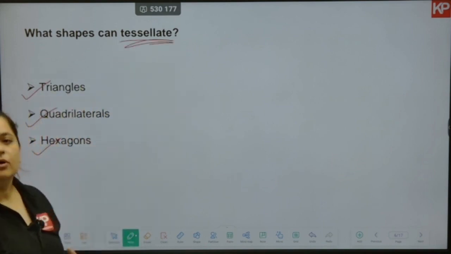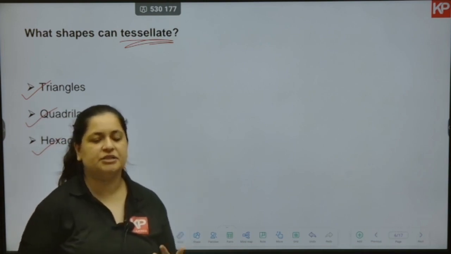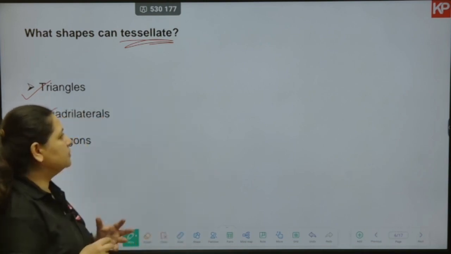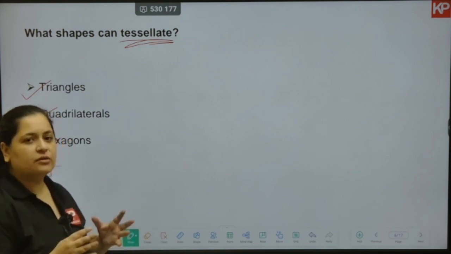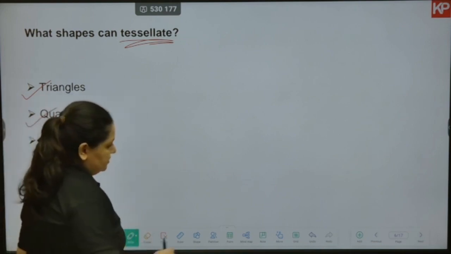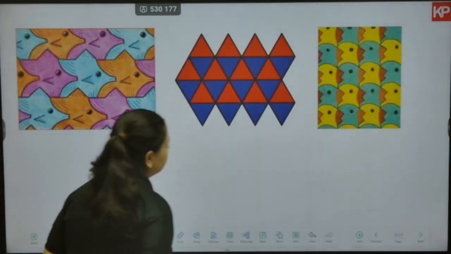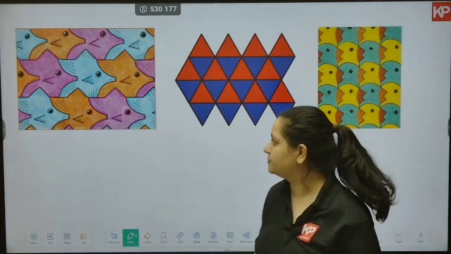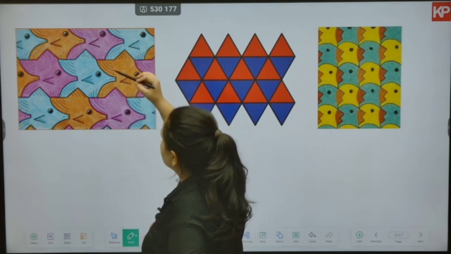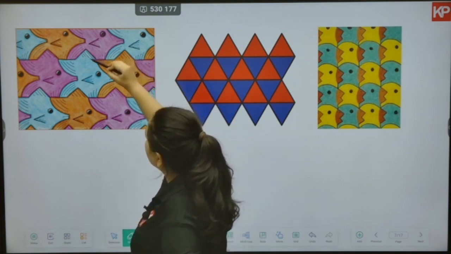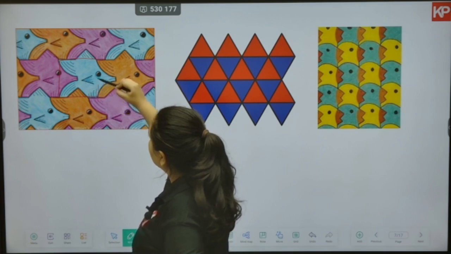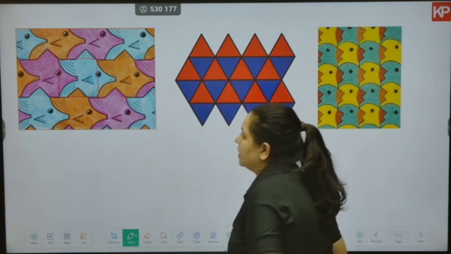Now how do we check tessellation for random shapes which do not have sharp edges? For example, let's take this fish. Let's try and make a square around it and see what is happening. For example, this is the square that I am making around it.